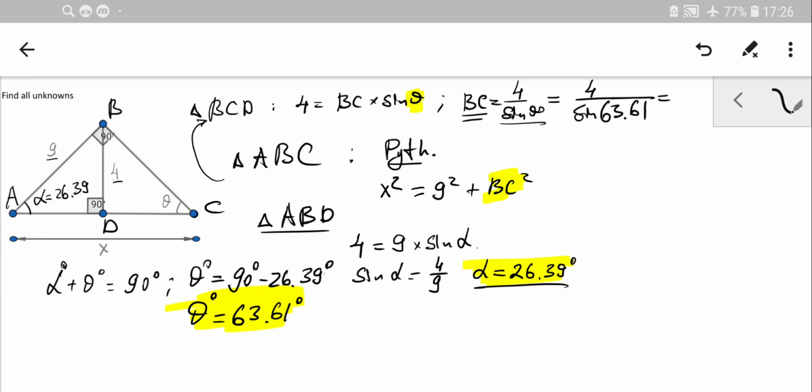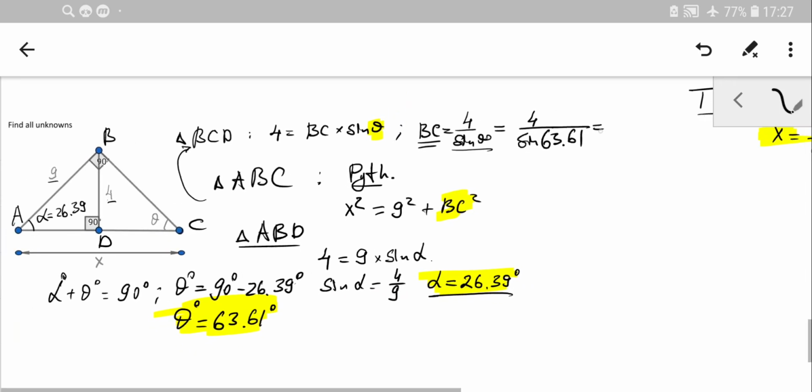So I've got that BC is 4.465. And indeed, BC is the hypotenuse, so it should be more than 4. Okay, so I've got the value for that.